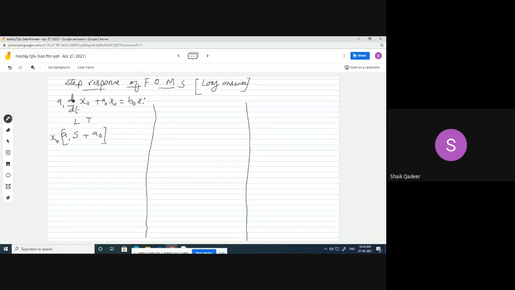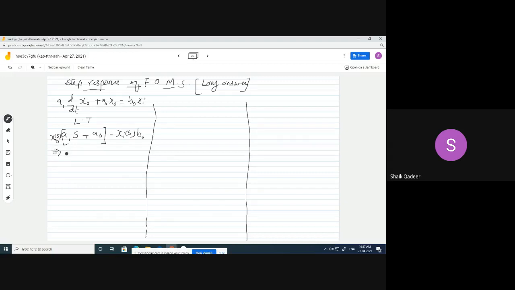The Laplace transform of d by dt is s, assuming zero initial condition, and the Laplace transform of x0 is x0(s). In both the cases, x0(s) is appearing. I'm taking it common. a1 d by dt is nothing but s, and a0 as it is. Is it clear? Yes, sir. That is equal to xi(s) into b0 as it is.